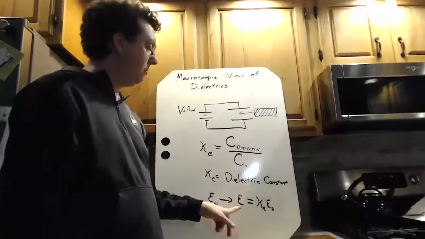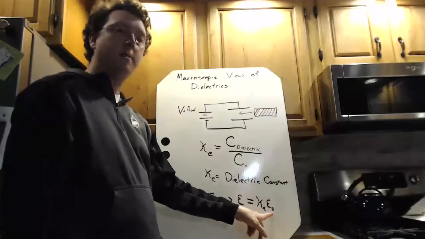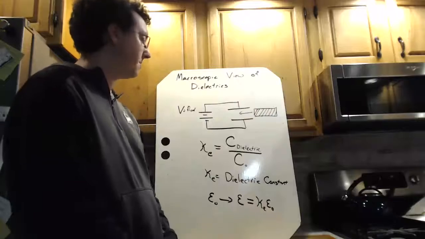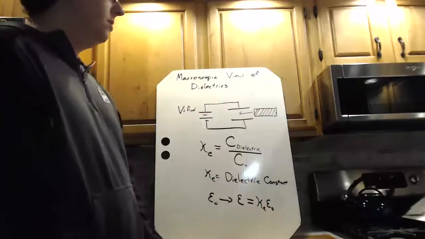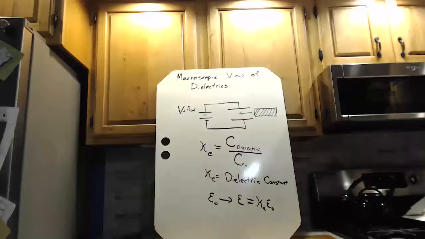And the permittivity of the material is the dielectric constant times the permittivity of free space. Okay, so that's one way to think of this.